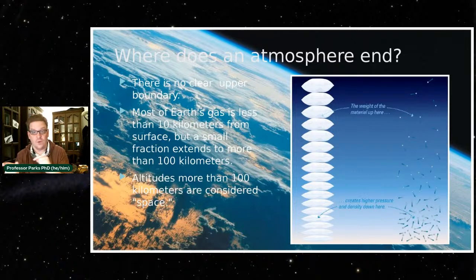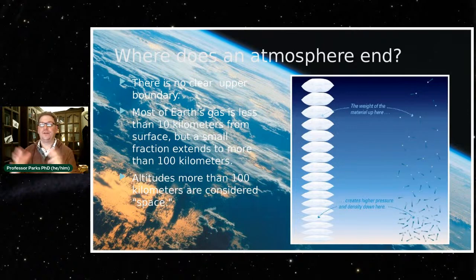For the life of me at the moment, I can't remember which one's which. I'm most familiar with the Kármán line at 100 kilometers, and that, I will freely admit, is arbitrary. 100 kilometers is a round number, so sure, why not?